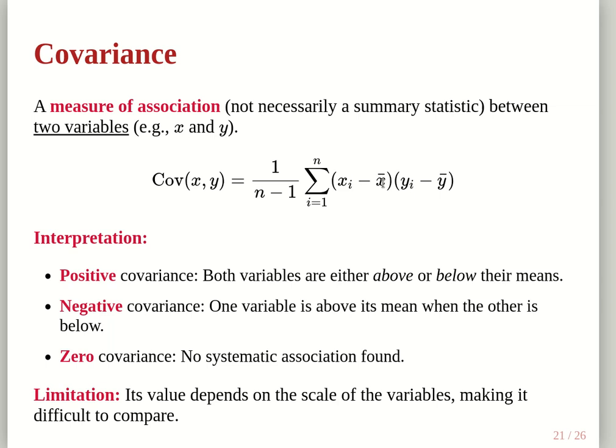Maybe x is a test score here. And so it could be the case that this person performed above average, so this difference is going to be positive. And then I look at variable y, which might be the number of hours they sleep, for example. So I'm going to compute the difference between that person's number of hours of sleep and the average number of hours of sleep that everybody reports. So this is the average of that variable.